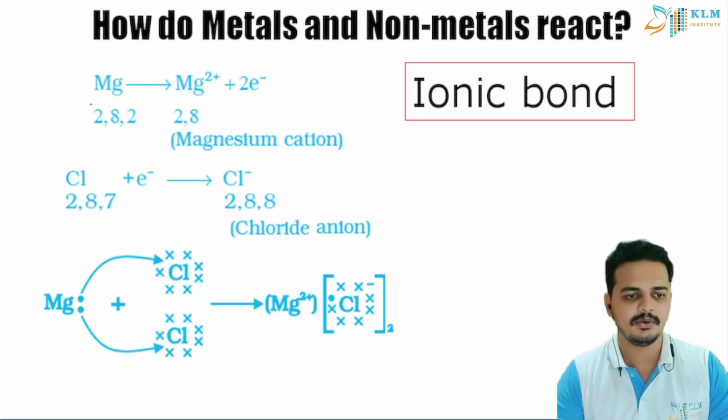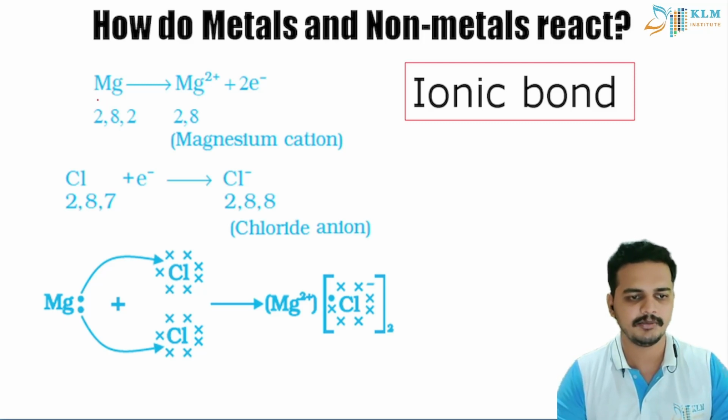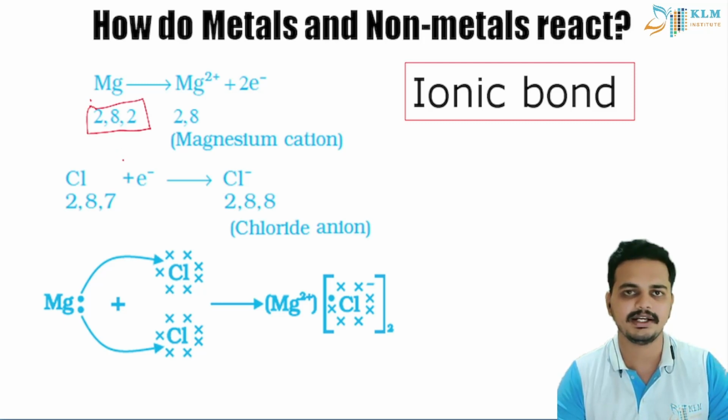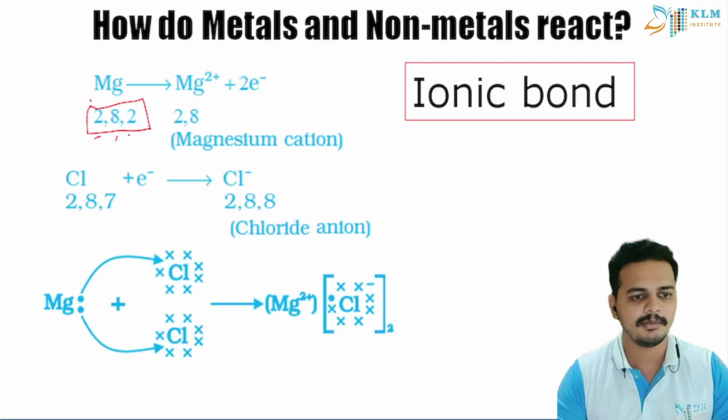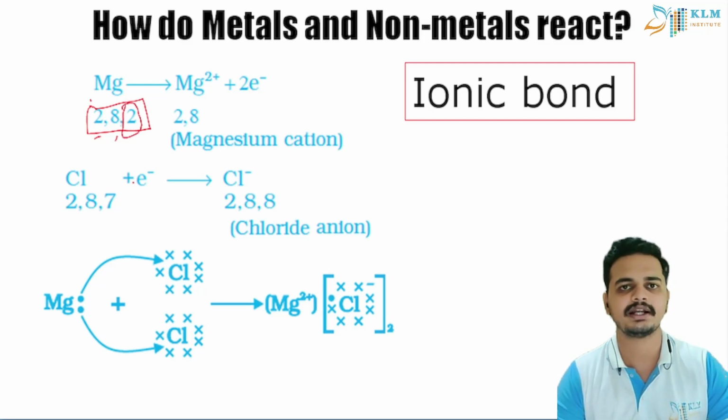We can see one more example here. First, we will see the electronic configuration of magnesium. It is a metal, student. It has 2 in the first, 8 in the second, fine. But in the last valency shell, it has 2 electrons, whereas it should be 8.